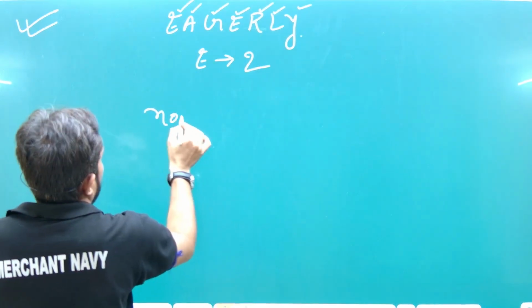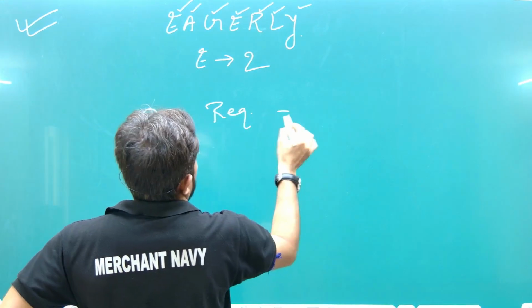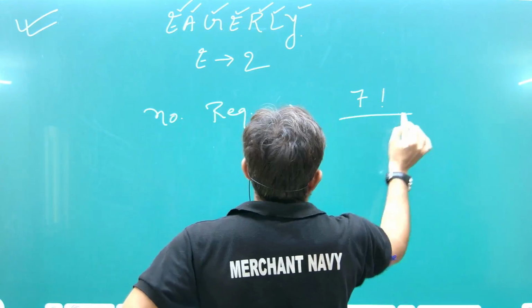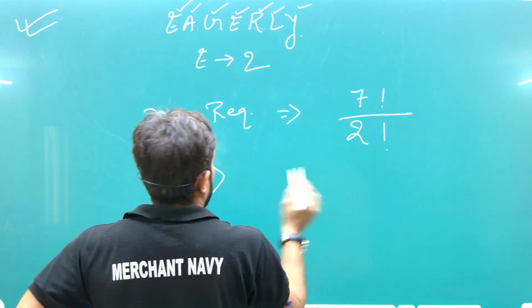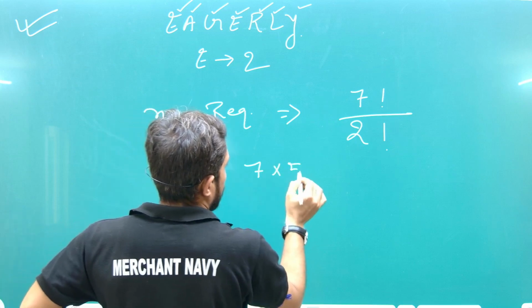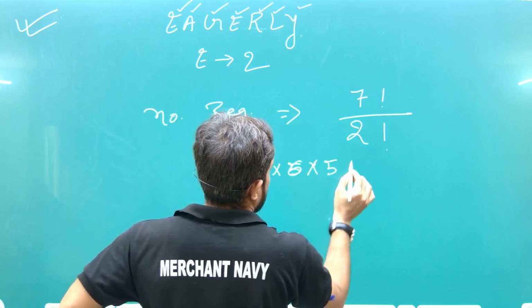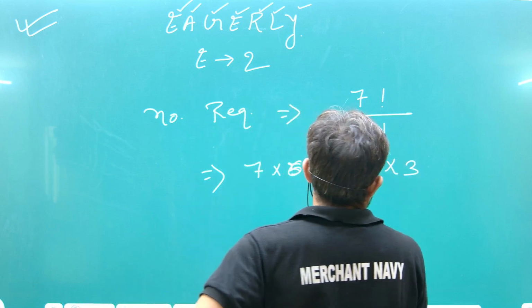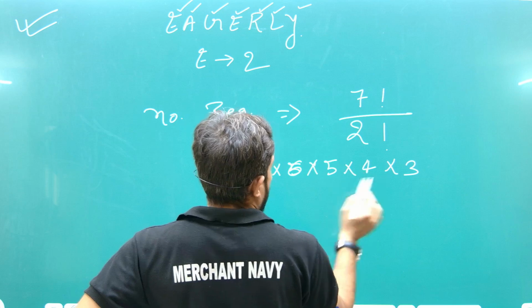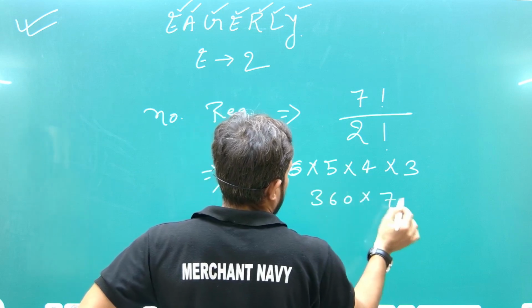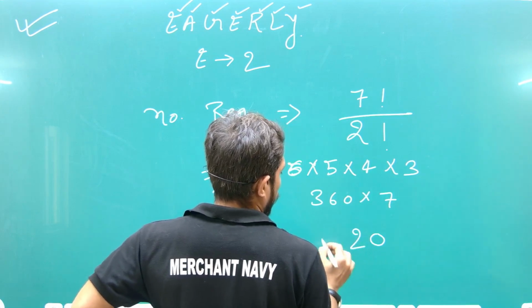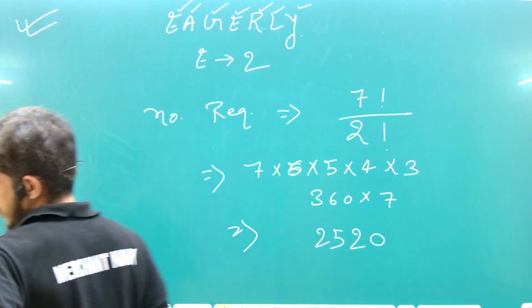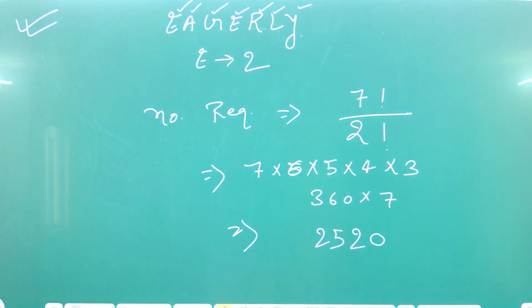So the required answer becomes 7 factorial upon 2 factorial. That is 7 into 6 into 5 into 4 into 3, which equals 360 into 7, that becomes 2520. So the required answer is 2520.